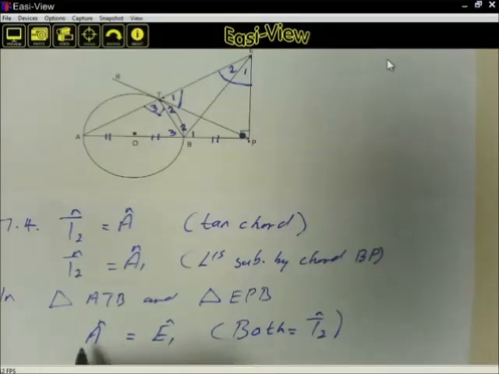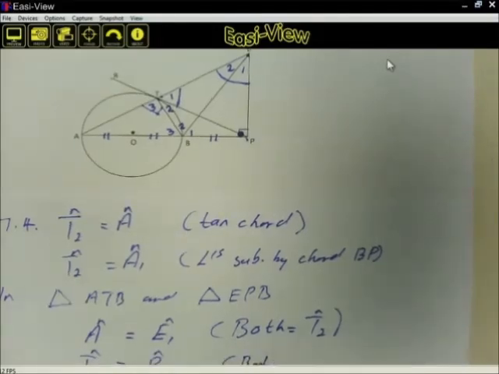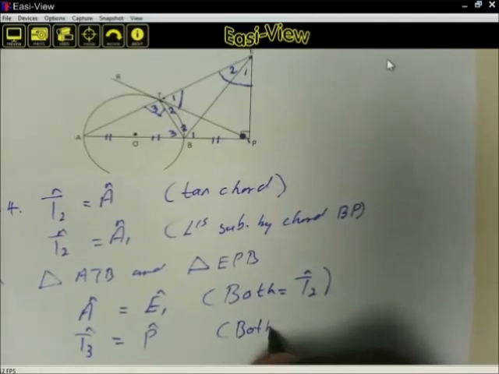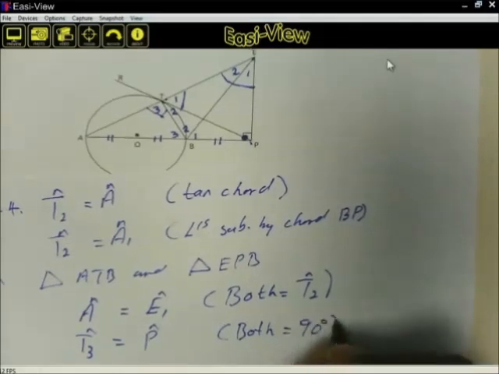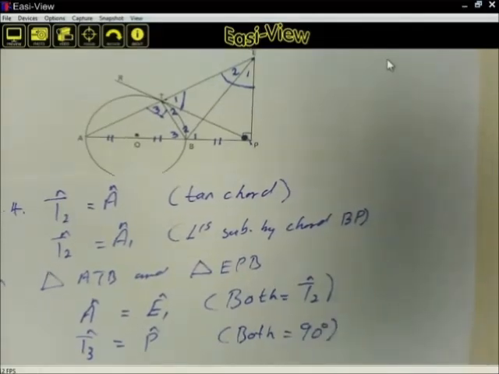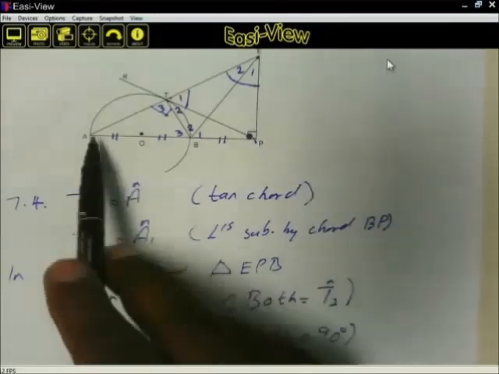The second pair, remember, you said angle T3 is equal to angle P, and they are both equal to 90 degrees. Then you look in triangle ATB.